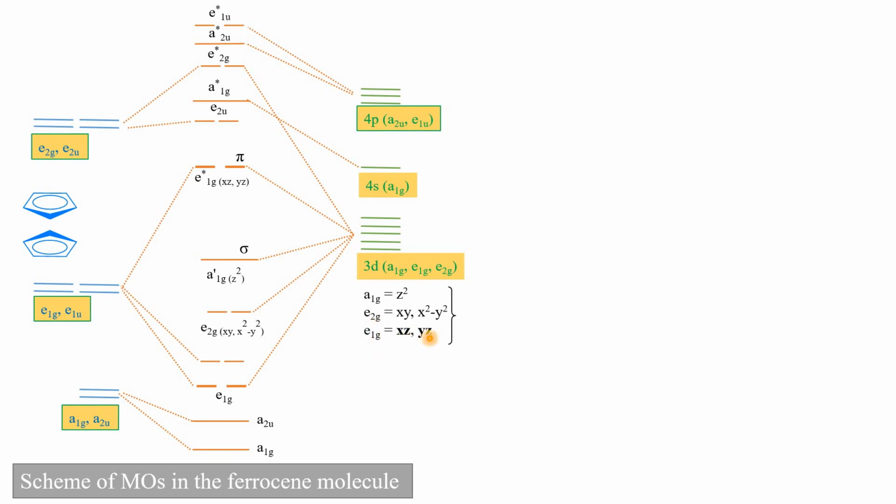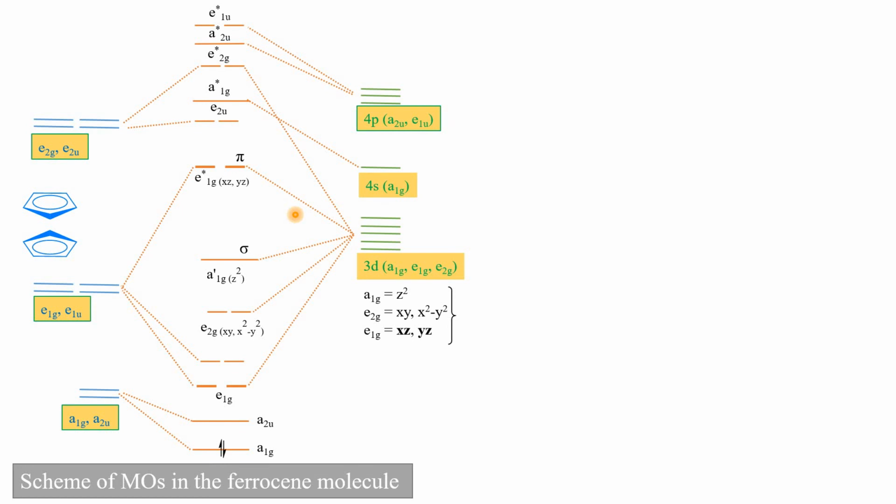So 1, 2, 3, 4 and 5. These are the 5 d orbitals. The z square has symmetry A1G, xy and x square minus y square have symmetry E2G, and xz and yz have symmetry E1G. So this is the molecular orbital diagram for ferrocene in increasing order of energy.